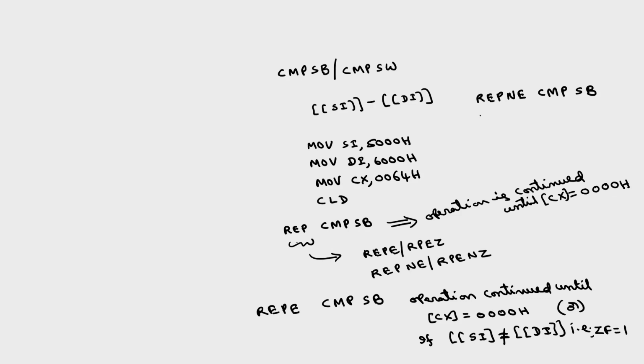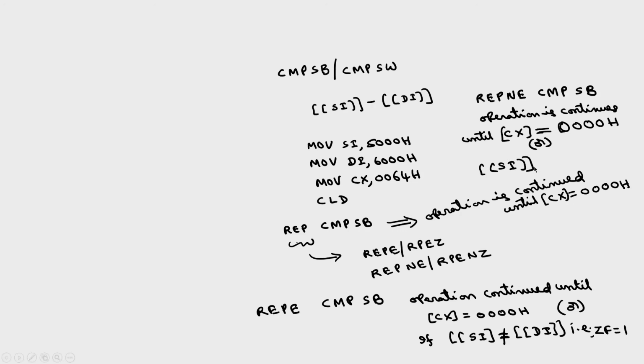So, this operation will be continued until CX is equal to 0000 or the contents of SI is not equal to DI.